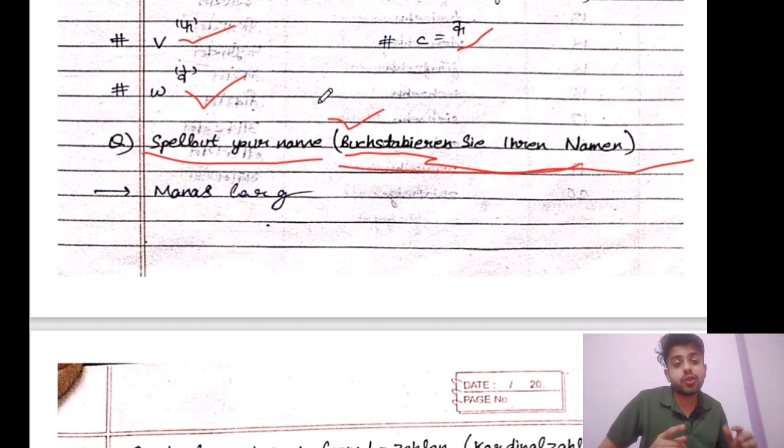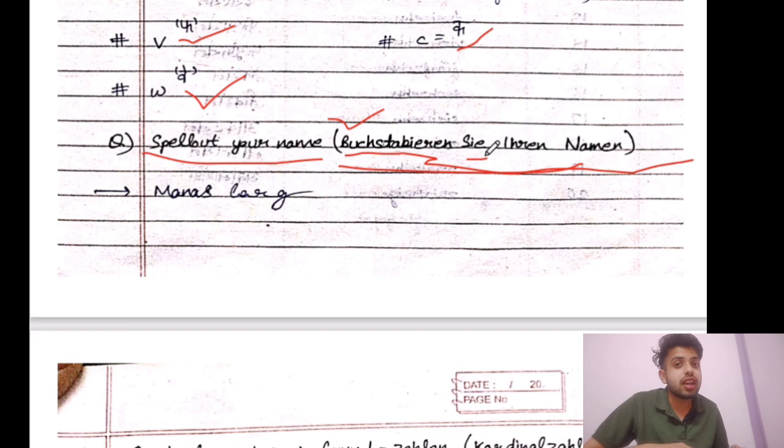As I told you about alphabets, now try to speak. B is pronounced as B, U, C, K, Buchstabieren. D is pronounced as Te, Buchstabieren. Hope you understand. Buchstabieren.